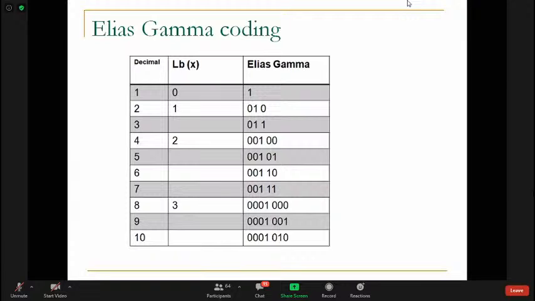So 2 bits you have minimized because the binary representation will not change. It is as it is. You are removing the most significant bit and you are copying it. But here you could observe you have minimized 2 bits because you have shifted from unary code to gamma code. So this is actually the advantage of alias delta coding. Is it clear?